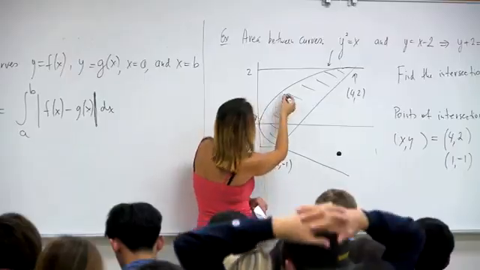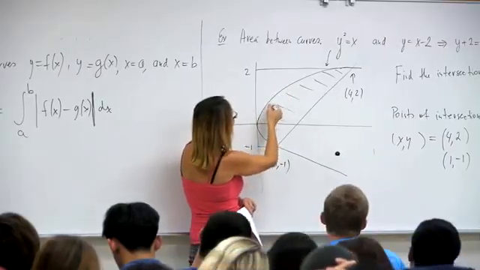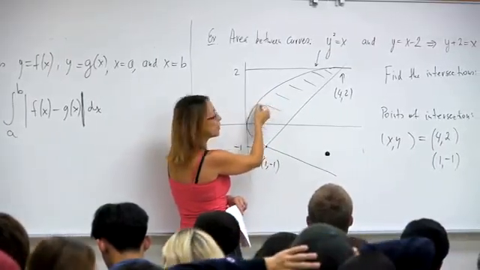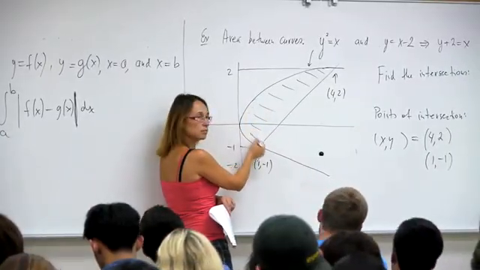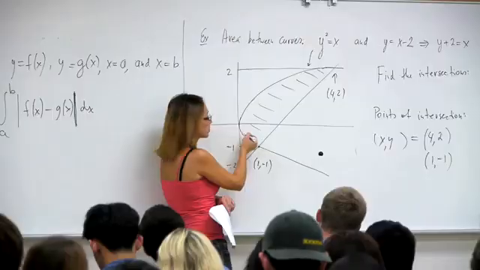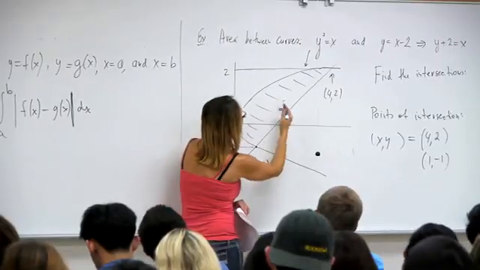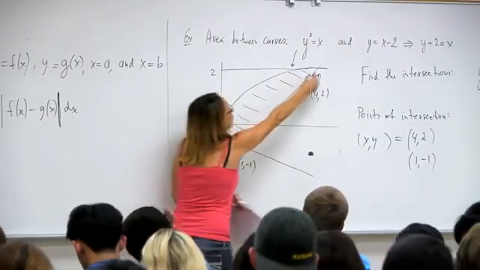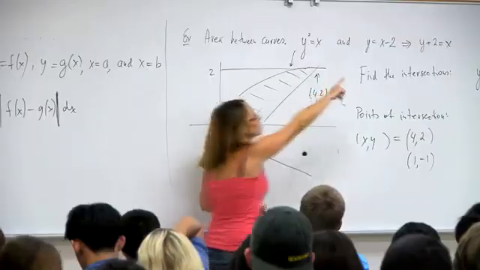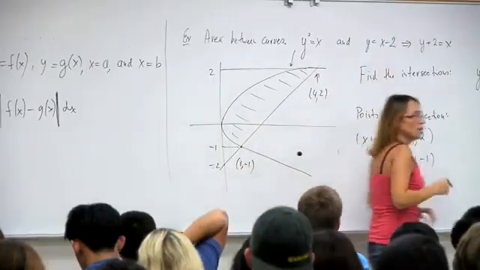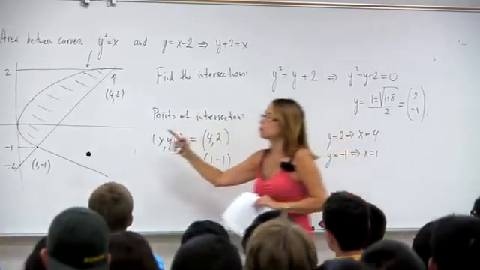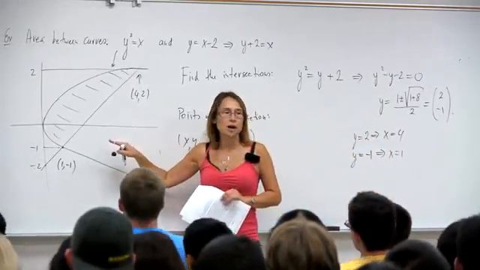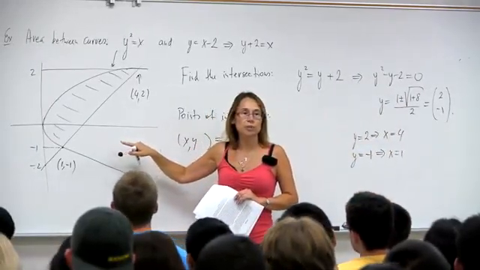In the first region, my top function is y equals square root of x, and the bottom function is y equals negative square root of x. After this point, my top function remains the same, but the bottom function becomes the linear one, this one. And this is slightly tedious, because for this particular problem, I can do better. I can do it all in one integral.